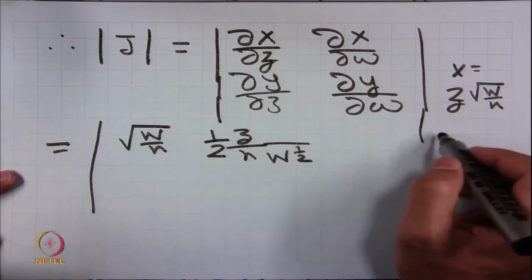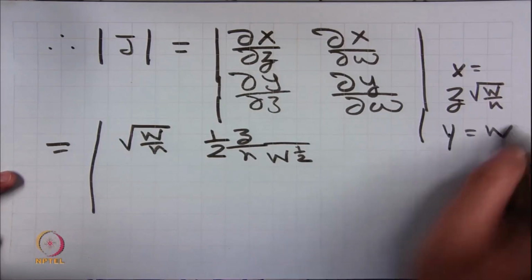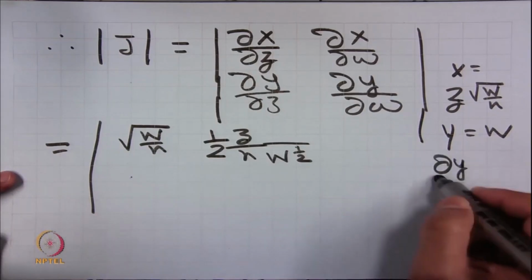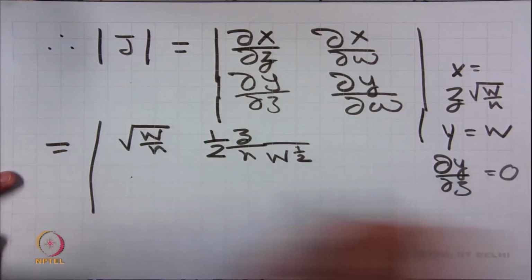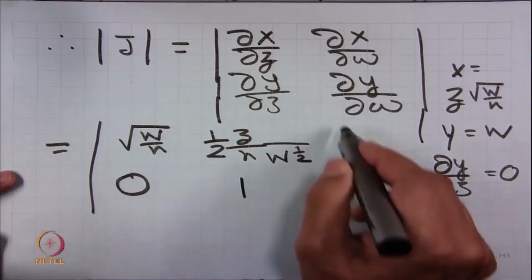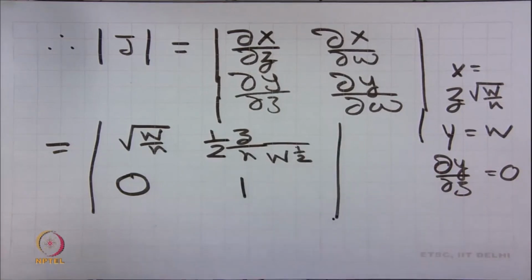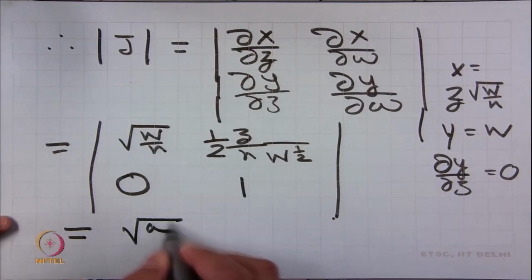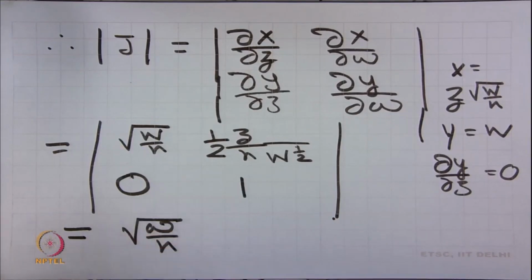And we know that y is equal to w, therefore, del y del z is equal to 0 and del y del w is equal to 1. Therefore, this determinant is coming out to be root over w by n. This is important because we will need it in obtaining the PDF of ZW.